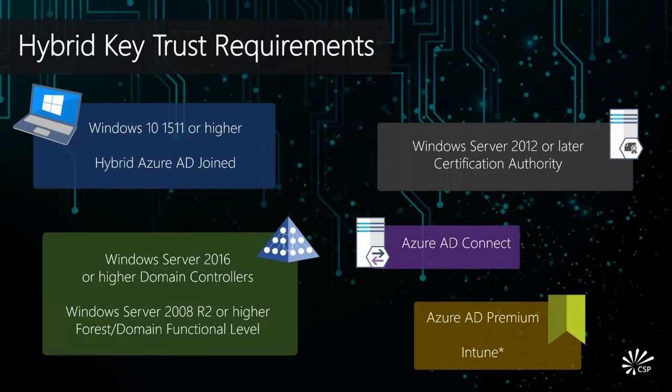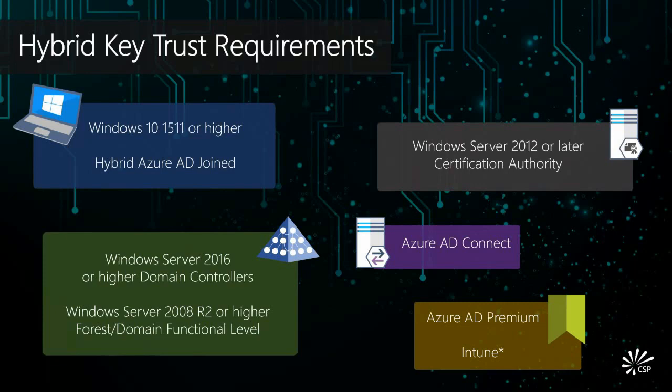We can't provision a passwordless credential with just a simple username and password. That's not a strong credential. You can only provision another strong credential by using a strong credential, and that means we have to step up our username and password with MFA, and if you want to make that available to all users in the organization, you typically have to have Azure AD Premium, P1 at least.